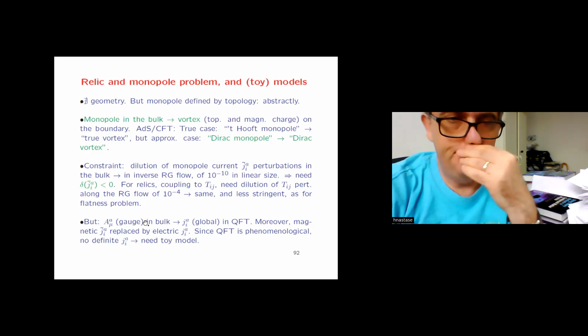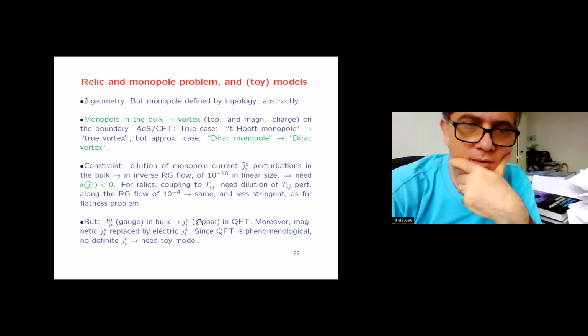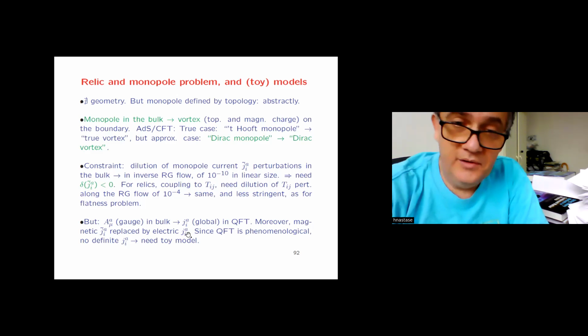Then a gauge field in the bulk corresponds to a global current in the QFT. And note that at this point we don't know how to deal with magnetic currents, so we have to consider electric currents, so Noether currents.